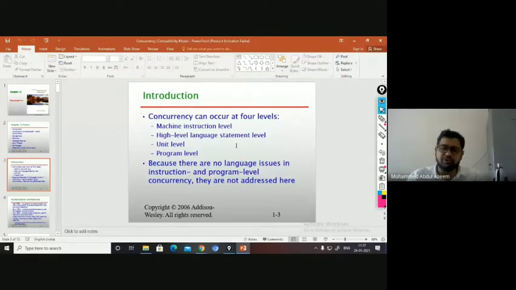It can be achieved at the operating system level. Like you have multitask operating systems, time sharing operating systems, right? For example, Windows is a multitask operating system where it allows multiple tasks to execute concurrently at the same time, with each of the tasks having the assumption that it has a dedicated processor for it.